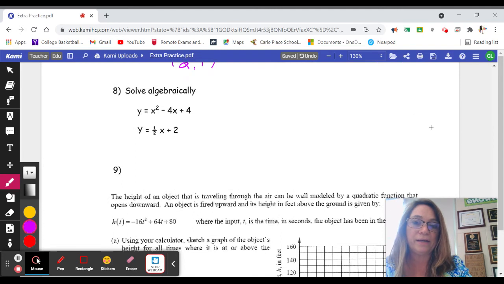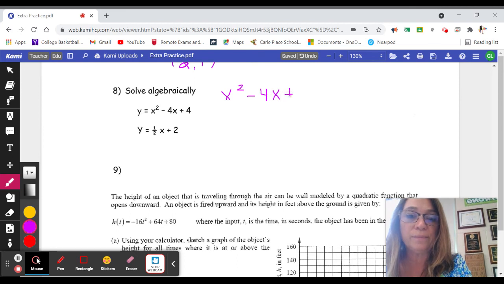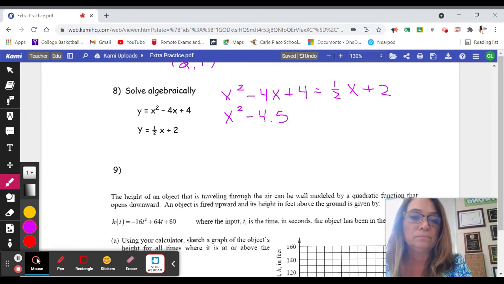Okay, solve algebraically. So you're going to set them equal. Since they're both in y equals form, it's pretty easy to set them equal. All right, so I'm going to move everything to set it equal to 0.